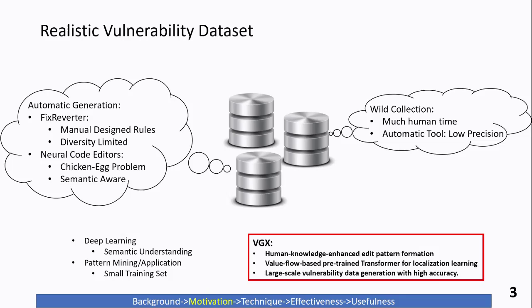Do you agree? So conceptually, you can decompose this problem into two sub-problems. First, locate where you want to change. Second, make the changes that make the code vulnerable. Our idea is to use deep learning to only learn the location, but use a pattern mining technique to make the changes.